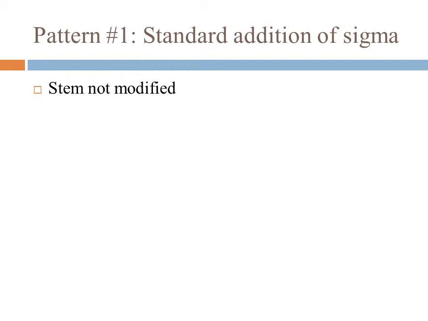The first one is the stem is not modified at all. This is not the most common one, but we have it with luo, and the future is luso. You'll see that sigma there, the tense formative, between lu, which is the stem, and omega, which is the pronominal ending, and nothing has changed.